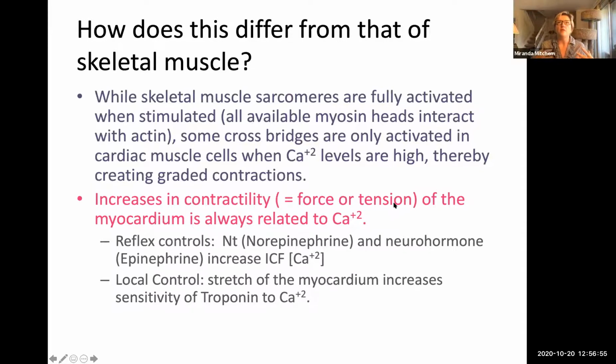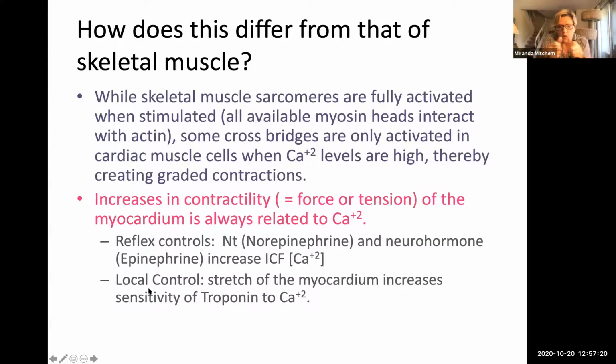We do have local and long distance controls. We have our long distance reflex controls through the action of a molecule, a neurotransmitter called norepinephrine. And then we have a neurohormone called epinephrine that are tied to that control loop.